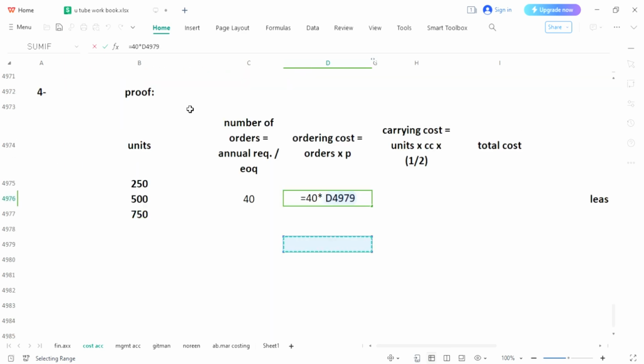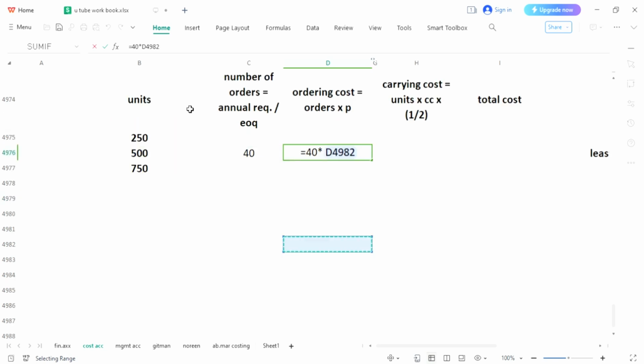So come back over here and put 50 over here. Please note it down. Ordering cost is the number of orders, just calculated as 40, multiplied by P, the cost of placing one order. So we have the ordering cost calculated, and now we will see our carrying cost.